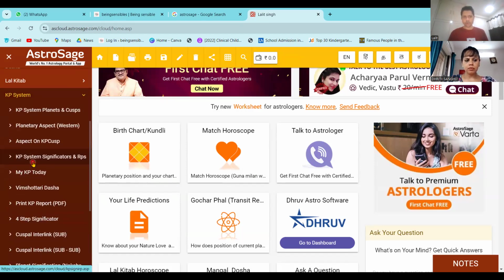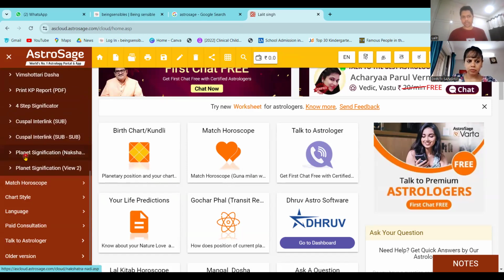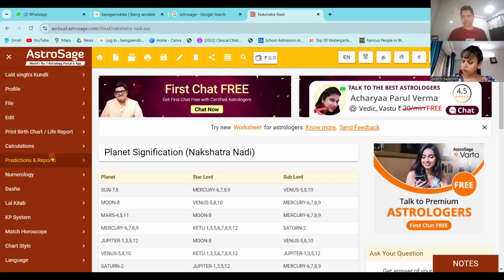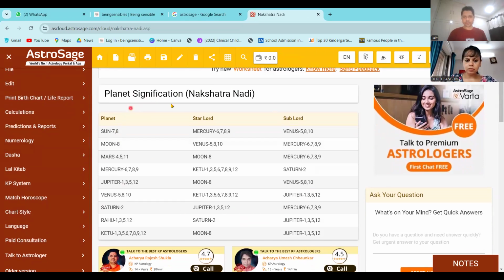Once you click, many options come. Do not click any option except the second last one, which says planet significator nakshatra. Click there, and then you get it.